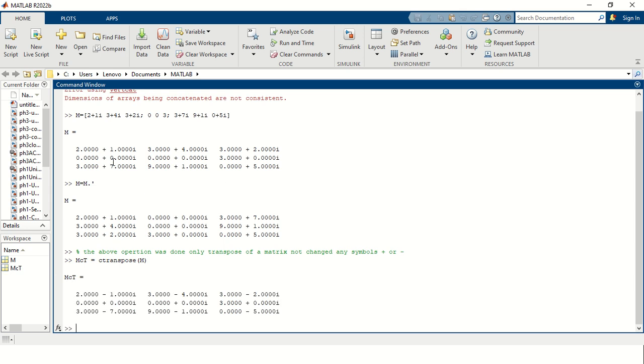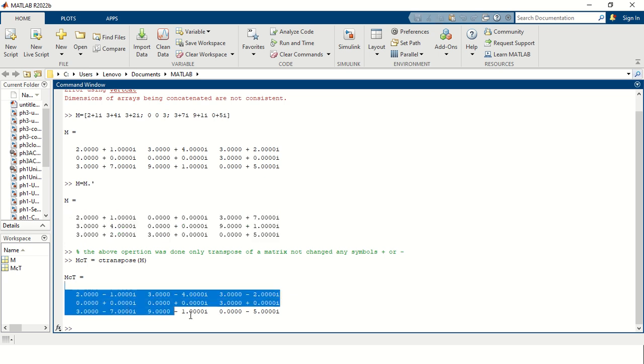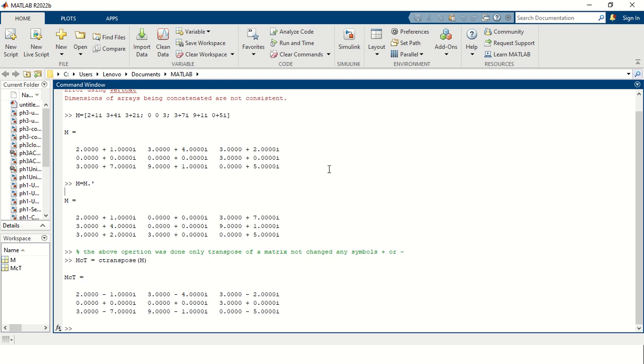Now see, this is the M matrix, the actual M matrix. This is the transpose matrix. This is the C transpose matrix. Let's see the complex conjugate. Whatever elements it has in the first row, we take the complex conjugate values of those elements. If it is 2 plus 1i, the complex conjugate value is 2 minus 1i, right?